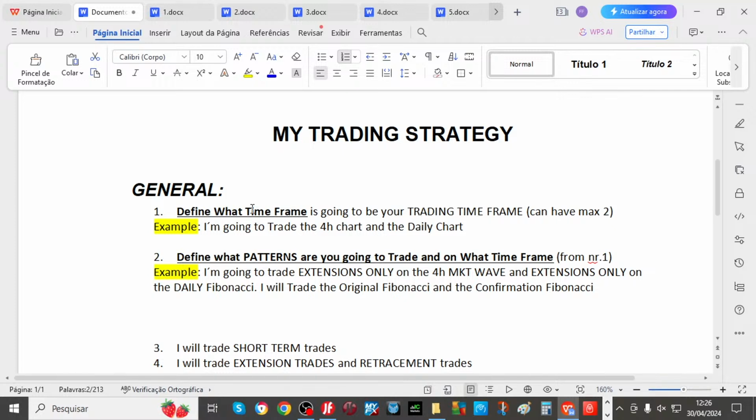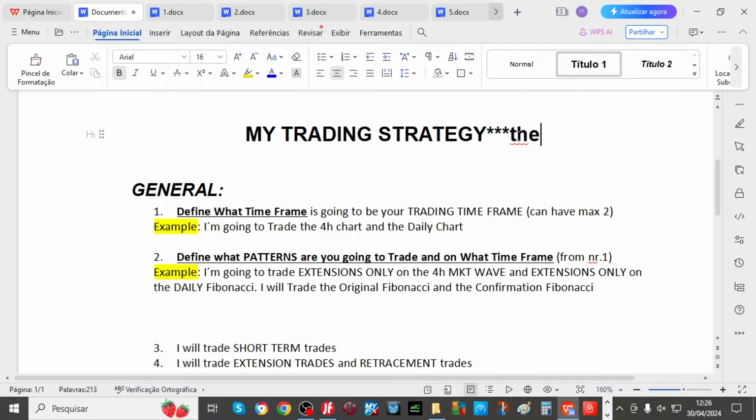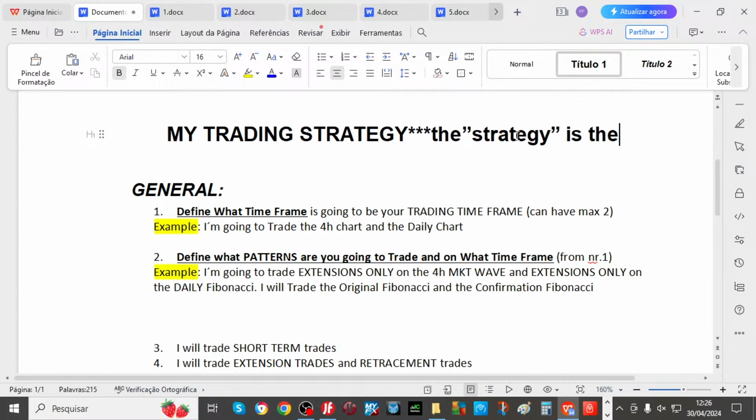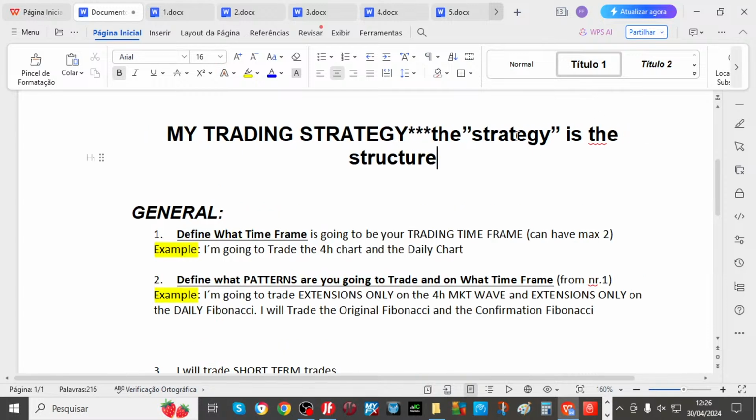The strategy is the structure to the money. Star, star, star. The strategy is the structure to the money that you are seeking, everybody. Do you know why 90% of people lose money in the financial markets?